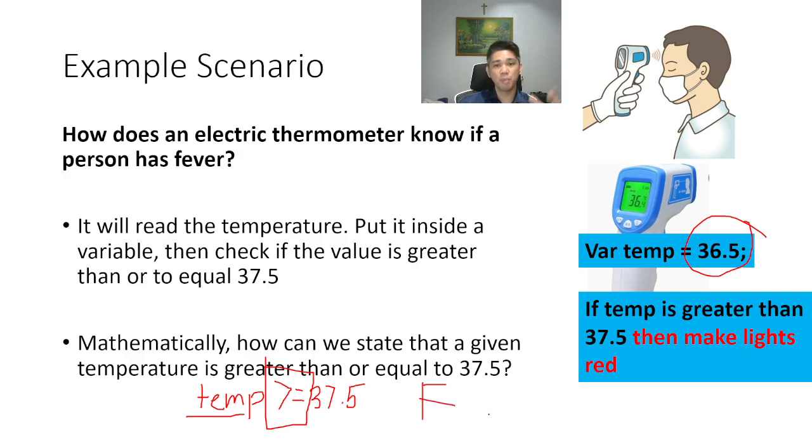It is false because 36.5 is smaller than 37.5. It's not greater, it's not equal, but it's smaller. So again, like a declarative statement in English, in programming, when we compare two values using a relational operator, we will be able to get a value that is either true or false.